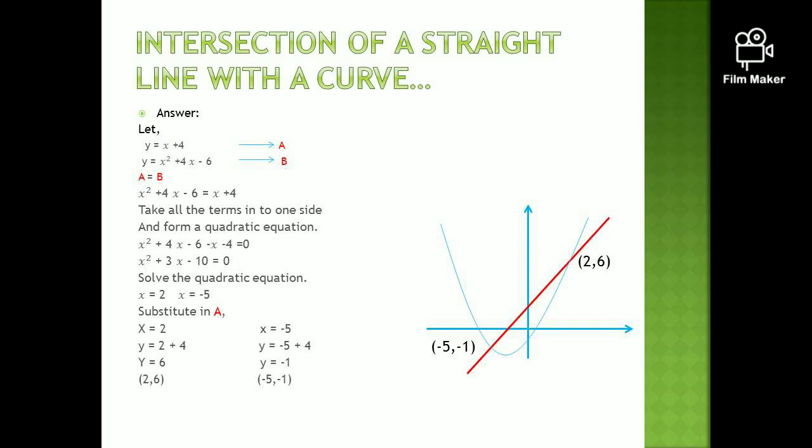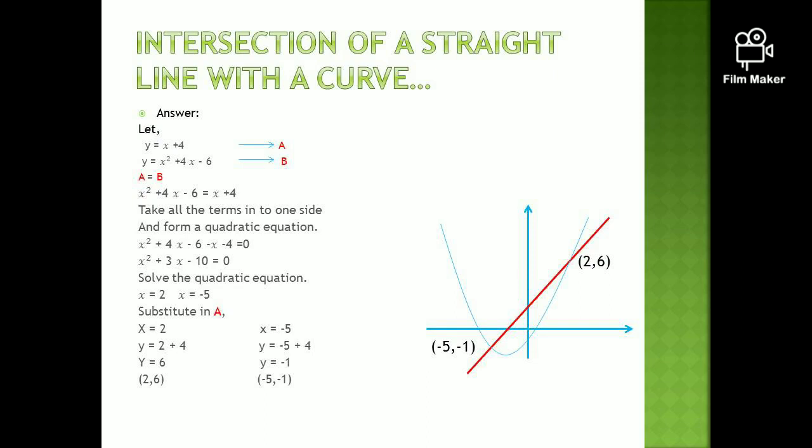Therefore, you obtain the quadratic equation x squared plus 3x minus 10 equals 0. By solving this quadratic equation, you obtain x equals 2 and x equals minus 5. If you have any doubt about how to solve a quadratic equation, please refer to the video mentioned in the description box, and it will also pop up as a suggested video at the top of this video.